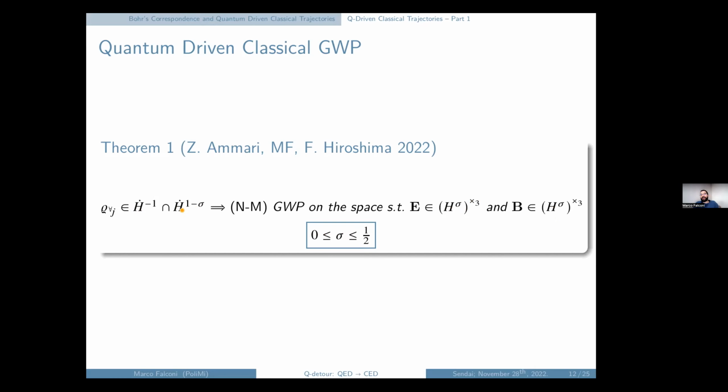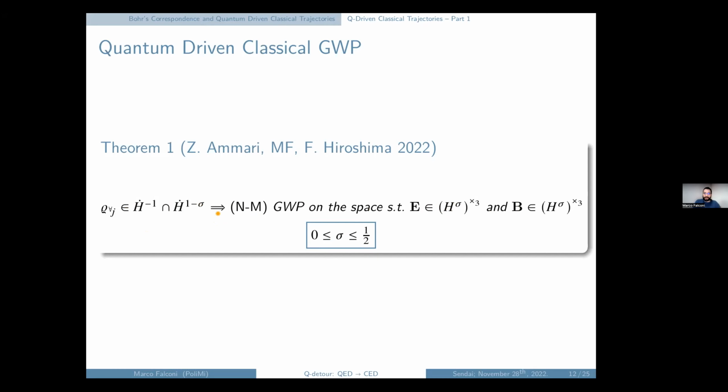So if we have σ equal to 0, we are actually in the same result as the classical one, but it's a bit better here because it's well-posedness in L² instead of H^{1/2}. We have L² here instead of H^{1/2}, but here we have Ḣ¹ intersection with Ḣ^{-1}, so this is a subset of H¹ actually.